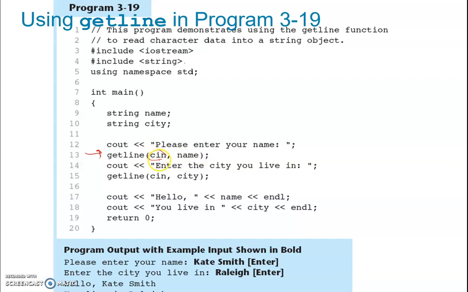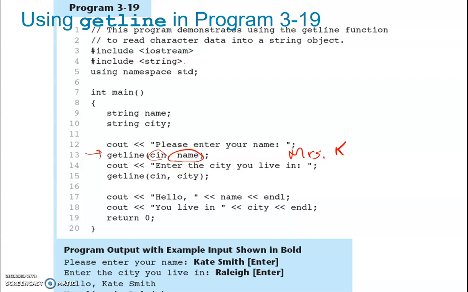It takes two parameters. The cin object is always the first one, and then the variable in which I want to enter my information. This will allow Mrs. K to be stored into name without issue, and then it will allow me to store my city into the program.